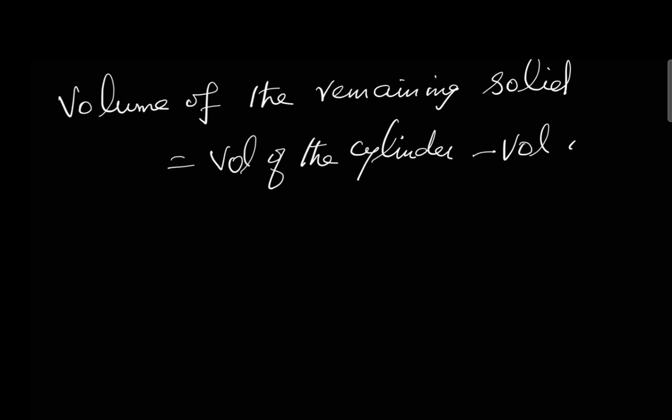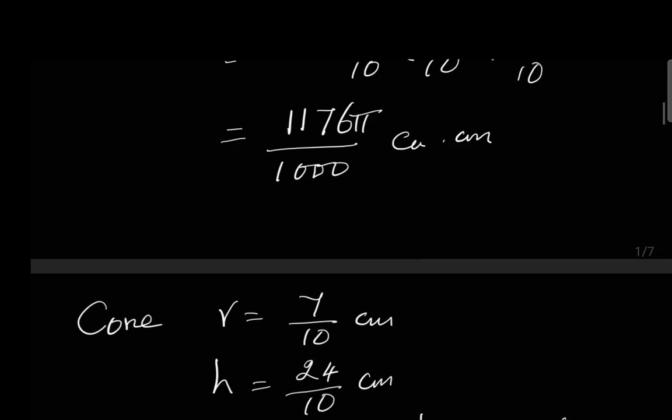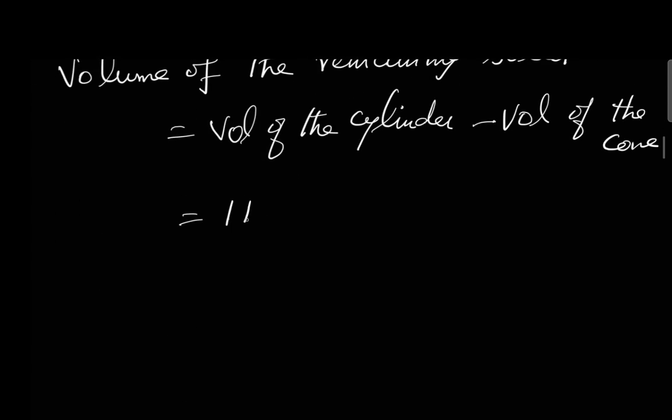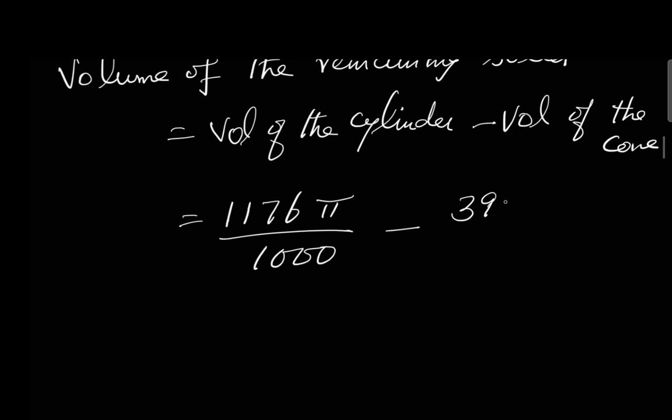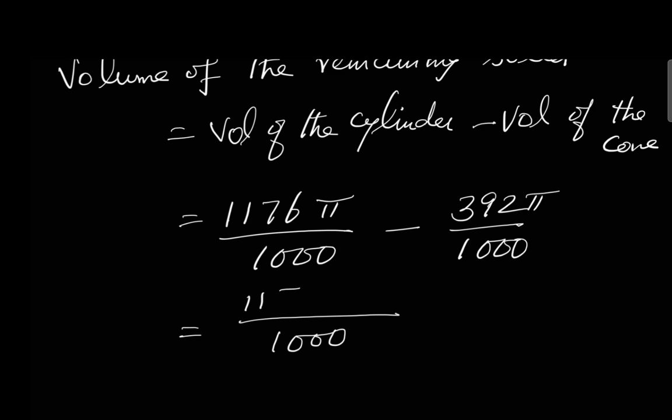The volume of the cylinder is 1176 pi by 1000 minus 392 by 1000 pi. 1000 is the common denominator, so 1176 pi minus 392 pi.